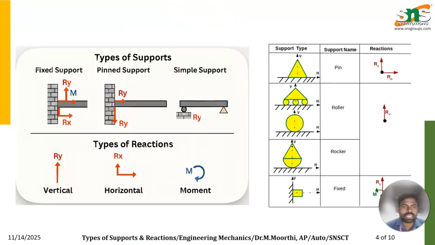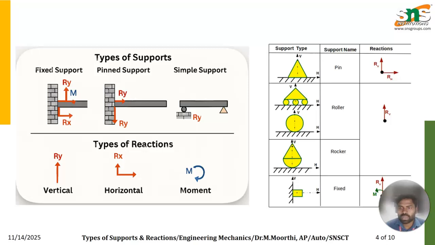And we have types of supports: fixed support, pinned support or simple support. Here we have vertical reaction, horizontal reaction, and the third one is moment. As said earlier, the first one is the hinged support, where we have two kinds of reaction, horizontal and vertical.